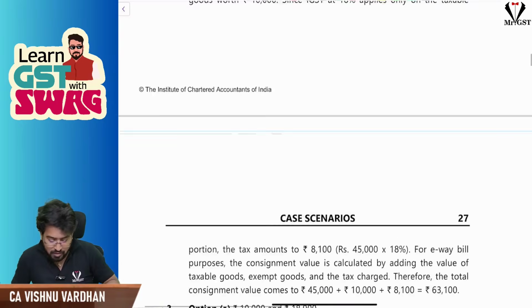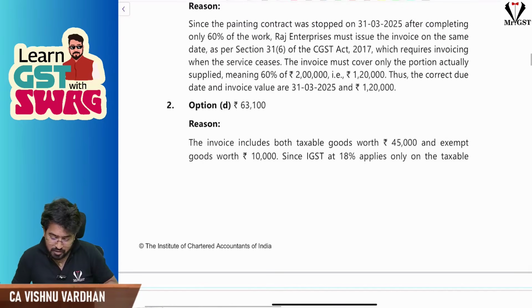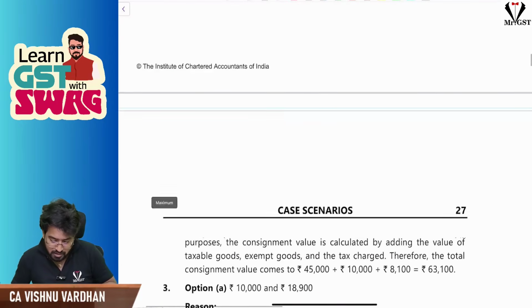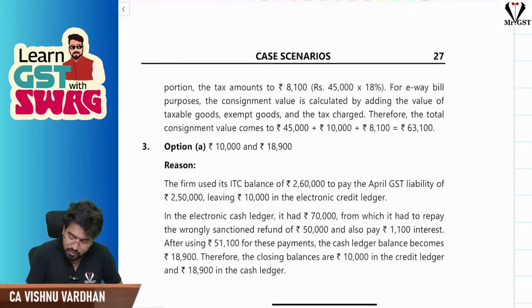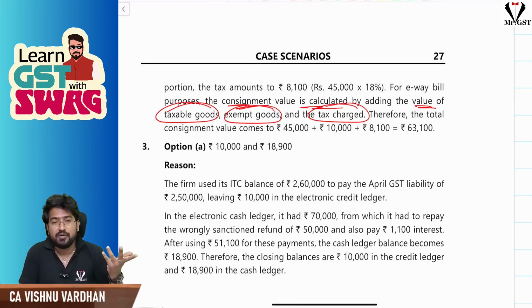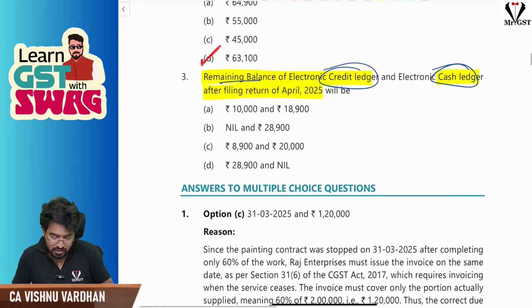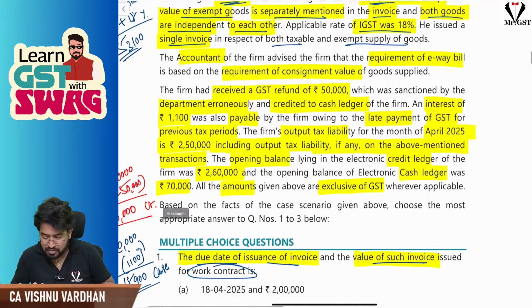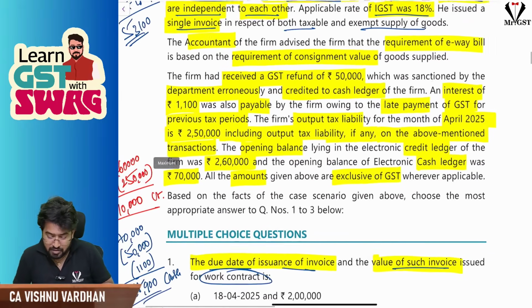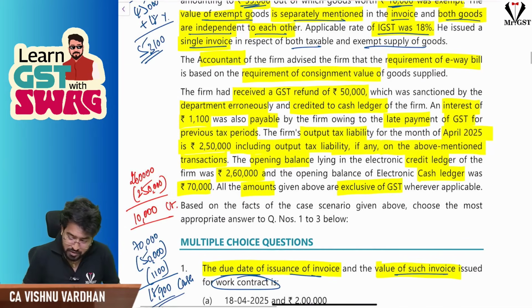And the other fun part here is that they give the meaning that consignment value is calculated by adding the value of taxable goods, exempt goods and tax charged. It is like, oh my GST. Okay, seriously, I didn't understand the logic. If you come across that, or if you understand that better, please send me in the comment box. So that is the point. Okay, mistake. Let us ignore that.